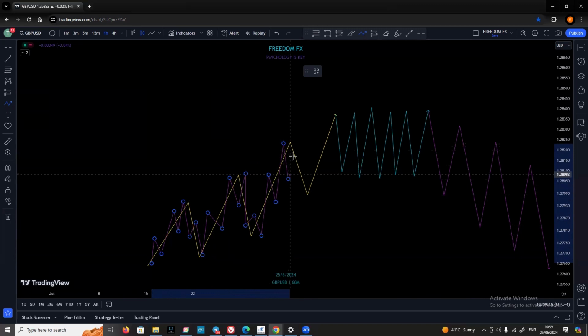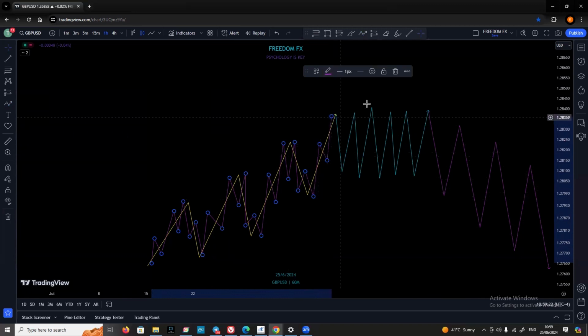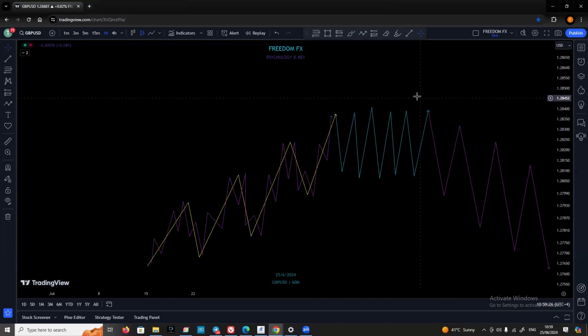So understanding when price is in a correction and when price is in a push phase is very, very key and essential for you to survive in this market. Now, if you look at this 1 hour trend, you will notice that price is getting much more complicated.